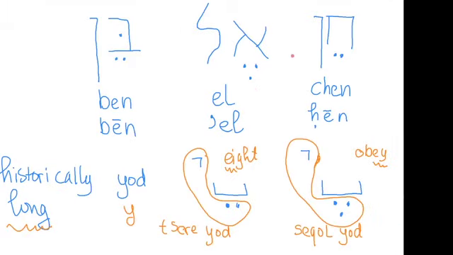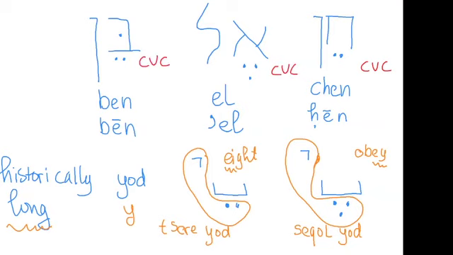One syllable words: gen, el, and ben, like this. You could say that this is CVC, CVC, CVC. So these are all closed syllables.